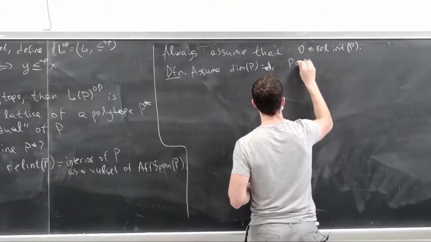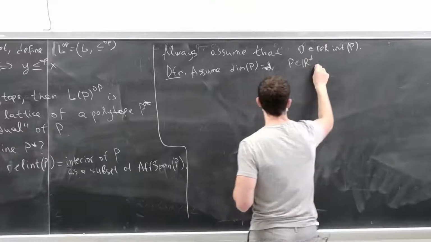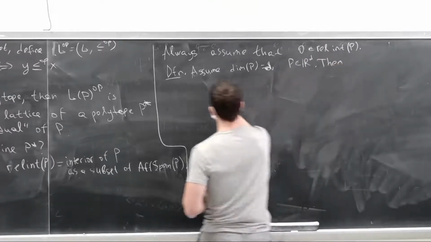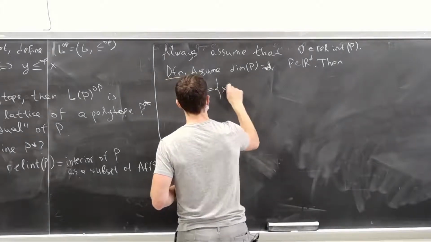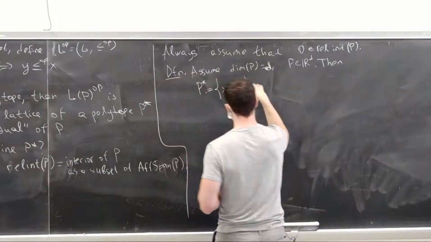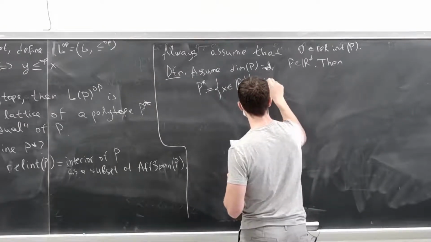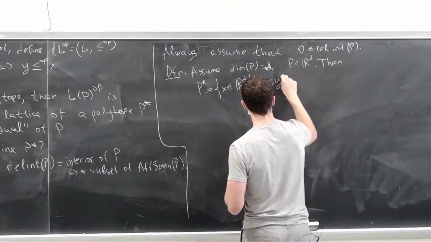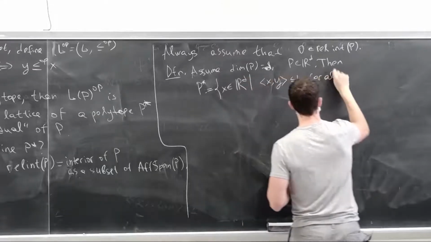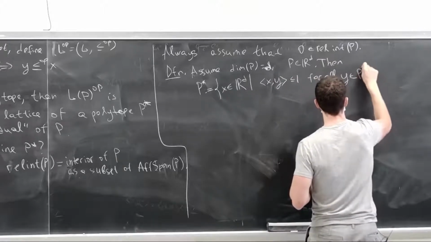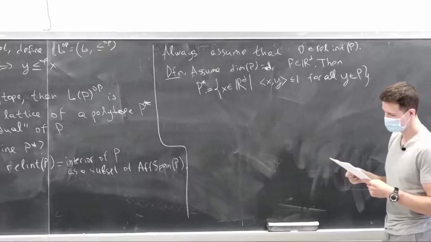P is inside R^d and is full dimensional. Then P star, by definition, is the set of all points in R^d, or in the affine span of P, such that the dot product of x with y is less than or equal to 1 for all y in P. That's the definition.